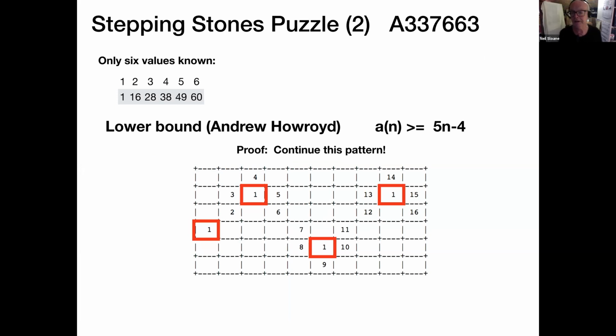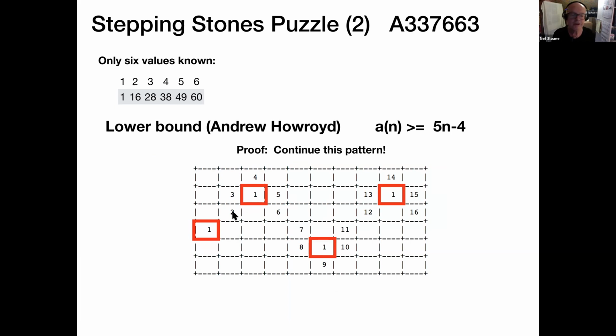6 values are known. It really does sound impossible, but with some clever programming, people have found the first 6 values. And we have upper and lower bounds. And there's a really lovely lower bound that Andrew Halroyd found that goes like this. You start off with 2 1s with a gap between them where you can put a 2.